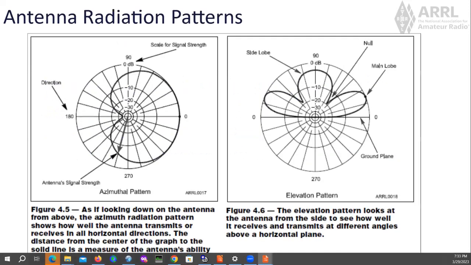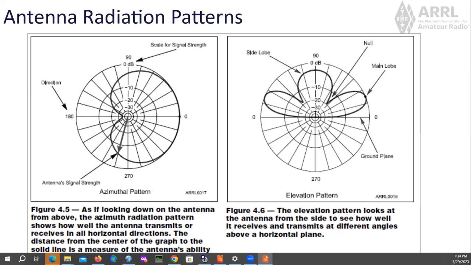Okay, these are antenna radiation patterns. This is a display, and the one on the left is as if you're looking down on the antenna from above and shows the horizontal plane, whereas the one on the right is the elevation pattern. I believe that's called a cardioid pattern, and we won't go into the type of antenna with that right off the bat.